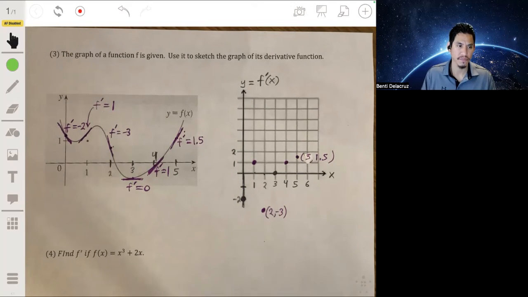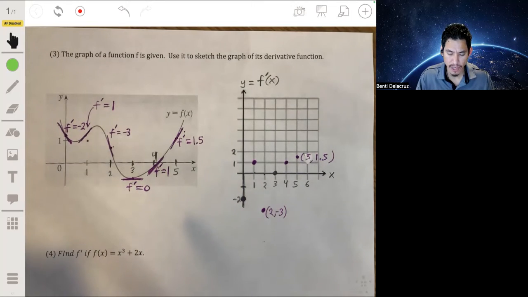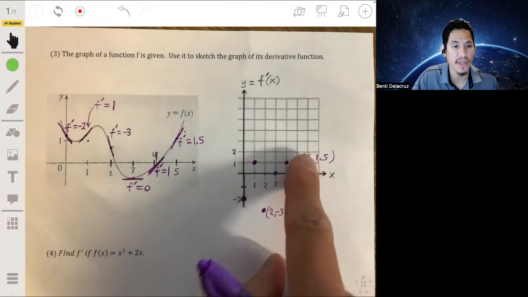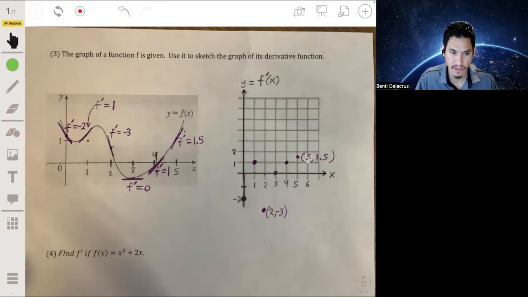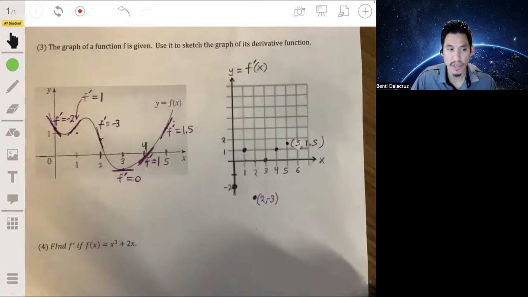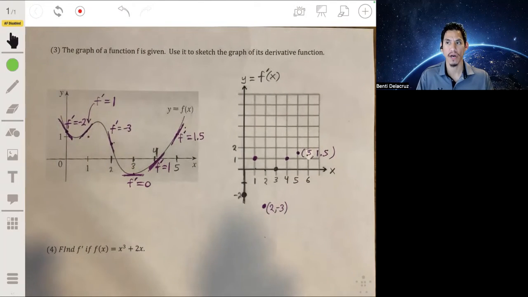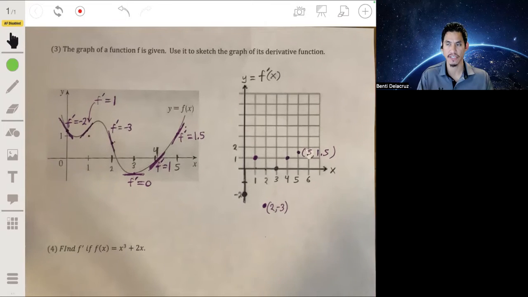Now, what's the point of this? Well, we want to recognize that the derivative itself is a graph, is a function. And we can use this graph to model the behavior, how something is changing.